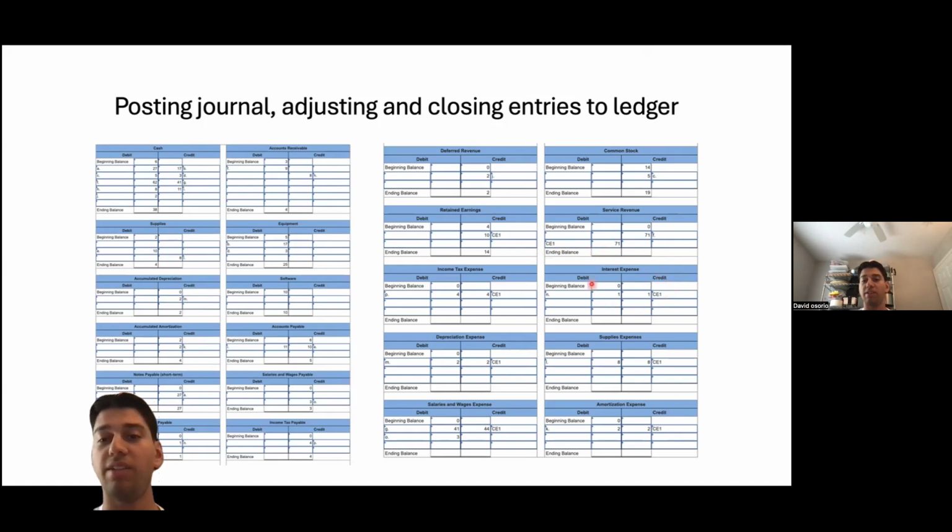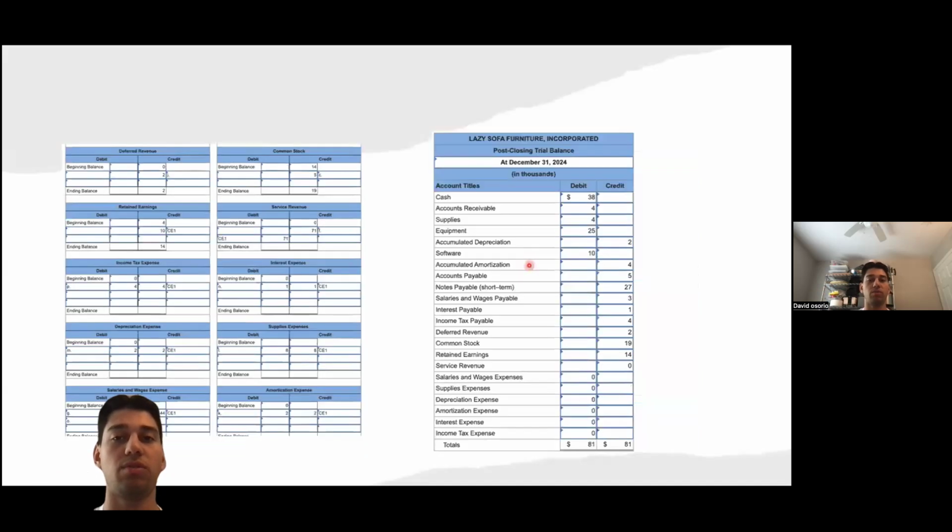The beginning balance was 0, we added 1 in the problem, and then we close the account by crediting 1 in closing entry 1. The same thing happened with all the revenues and expenses, the temporary accounts, and everything tied back together to increase retained earnings, closing those temporary accounts into retained earnings, which is a permanent account.